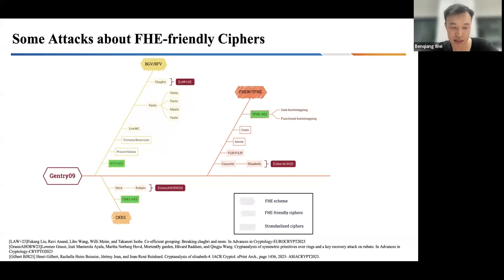However, some recent attacks against FHE-friendly ciphers raised concerns among researchers about these new ciphers, and I think there is still a long way to go to see whether these ciphers can be practical or standardized.